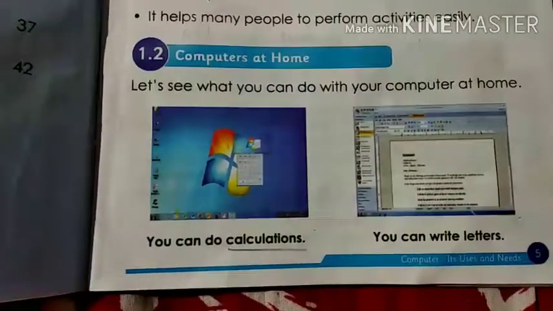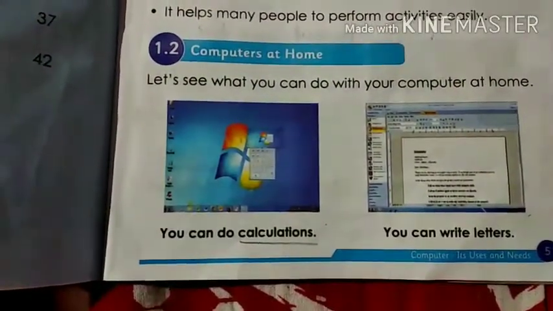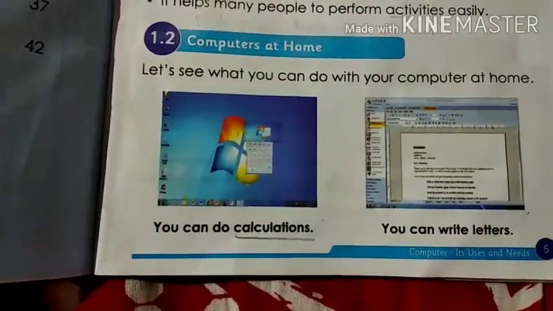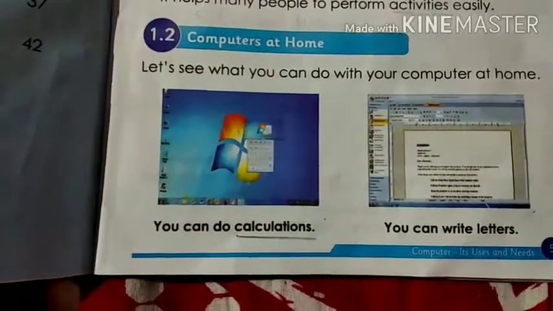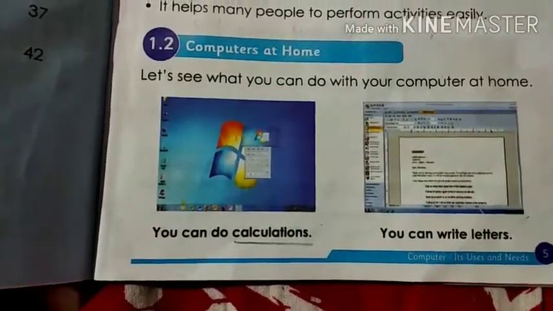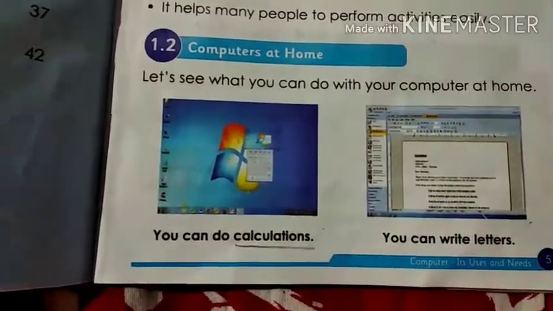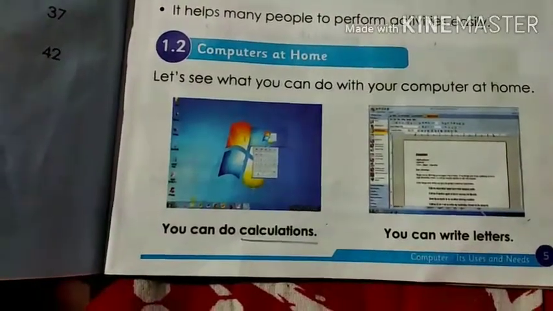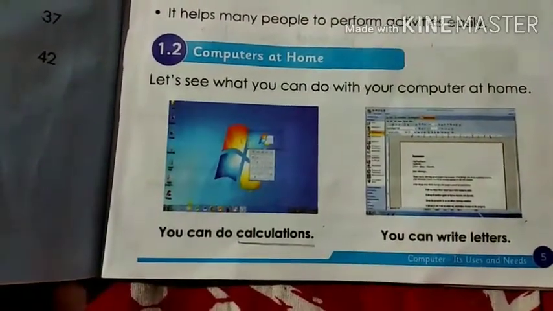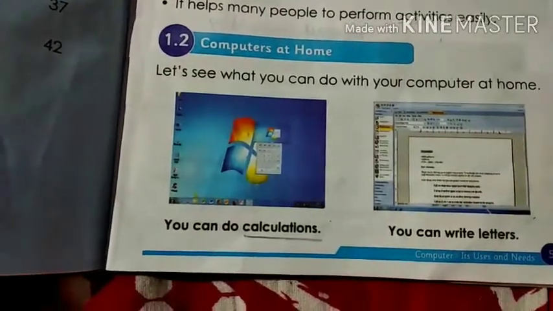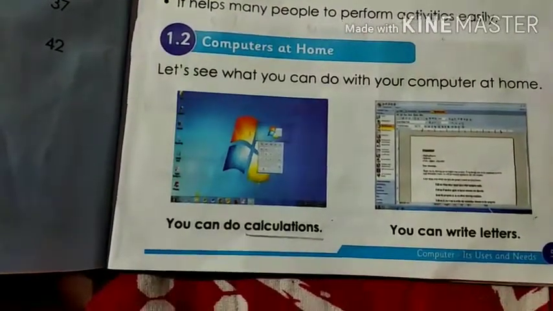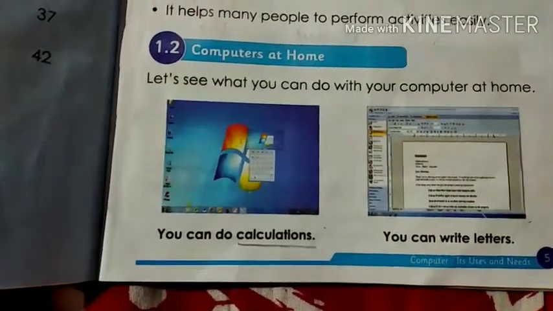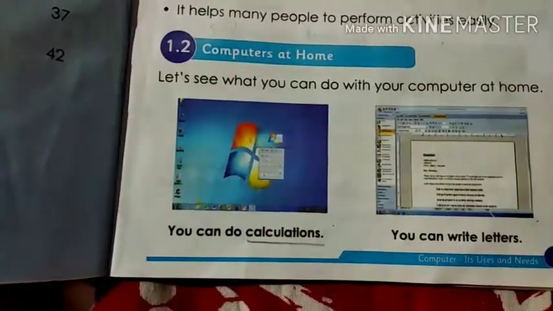Just like we have a calculator, similarly a calculator is available in the computer. You are going to learn about calculators in detail next year. Next, we have one software, MS Excel, which helps us to store a bulk amount of data, and it also helps you do basic calculations like addition, subtraction, or find the average, minimum, and maximum number from a list.